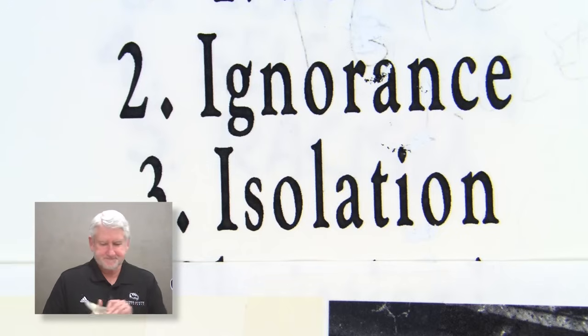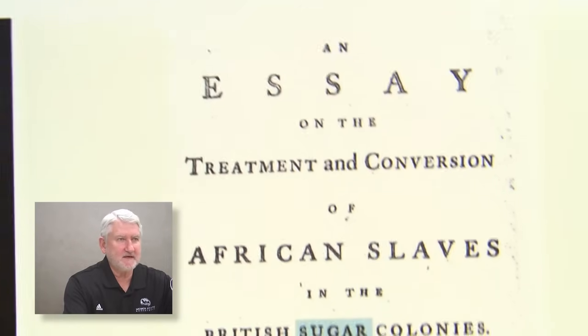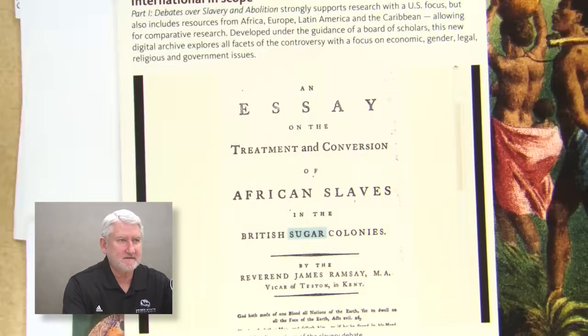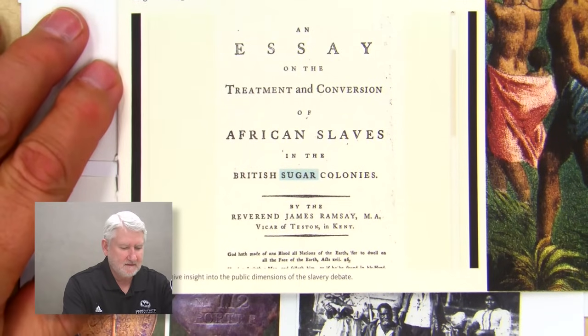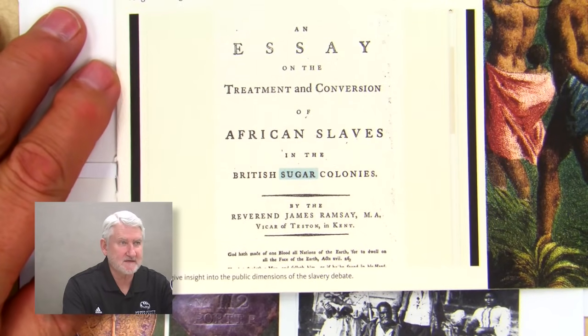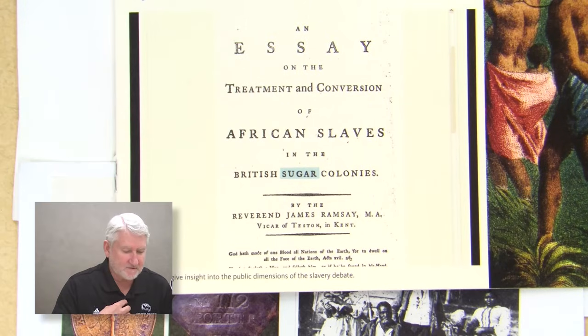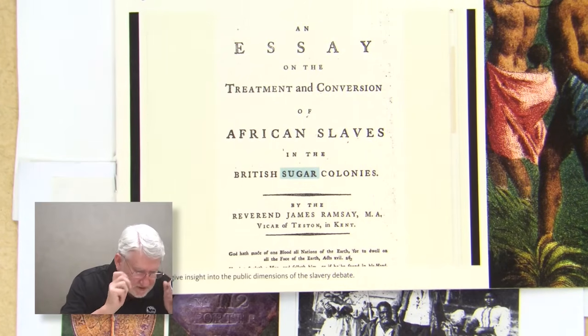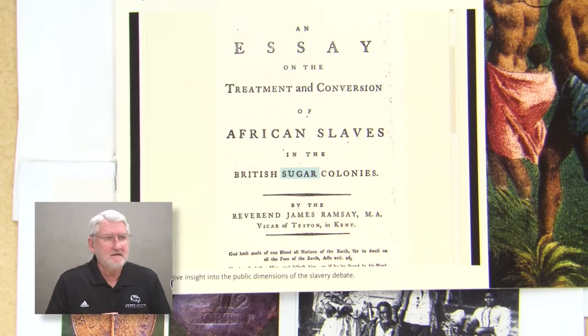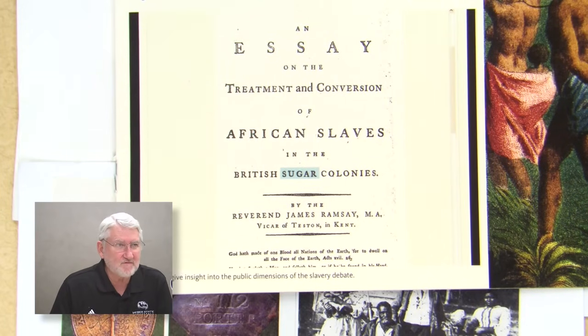Let me show you the opening page of a pamphlet that some minister, you see his name there, the Reverend James Ramsey, wrote: an essay on the treatment and conversion of African slaves in the British sugar colonies.